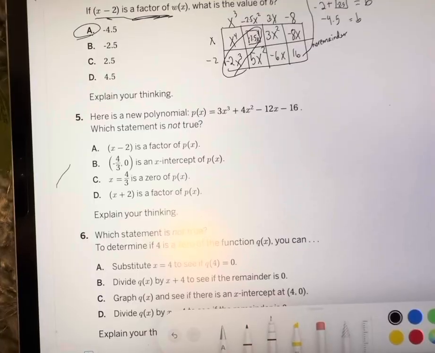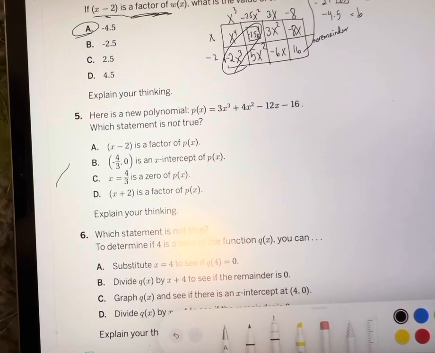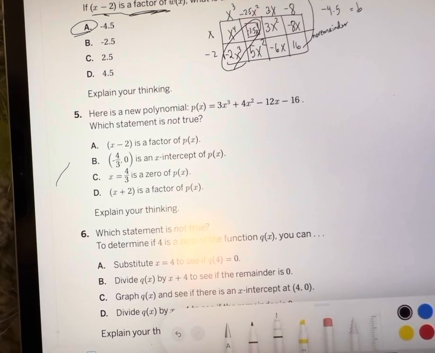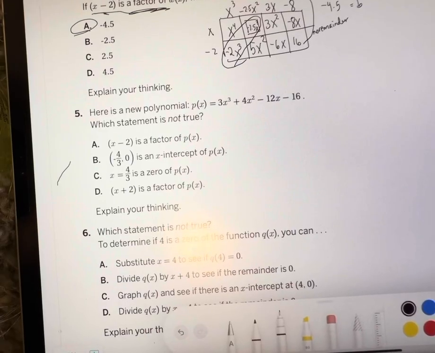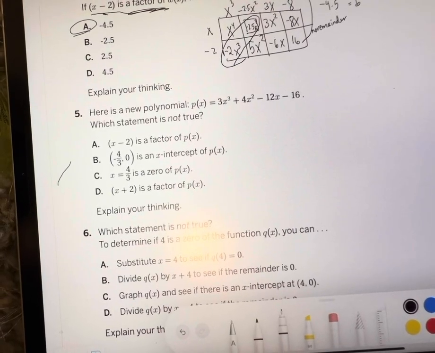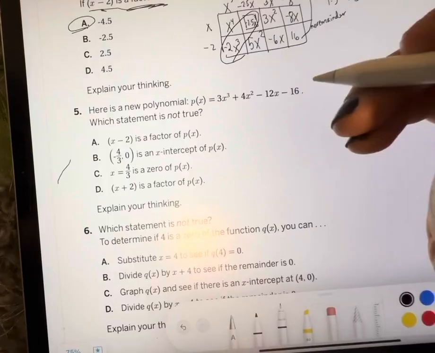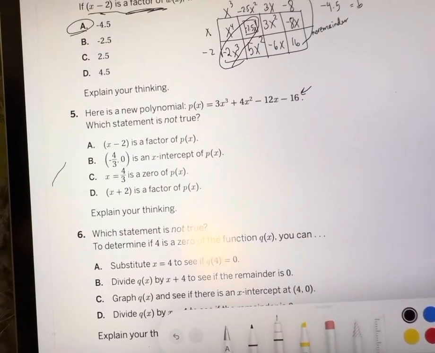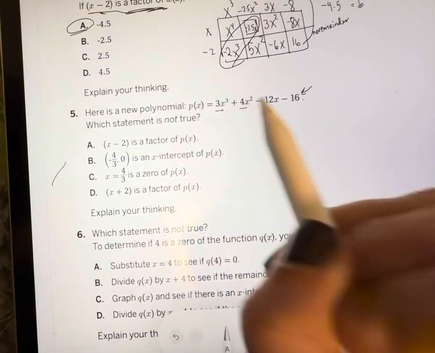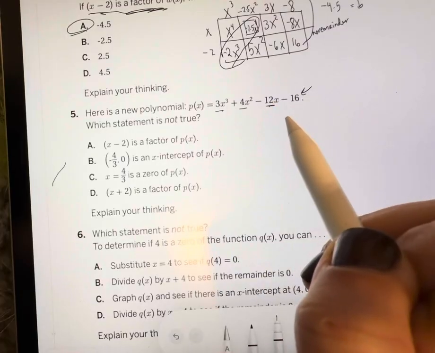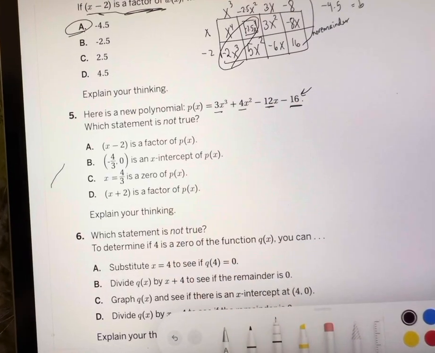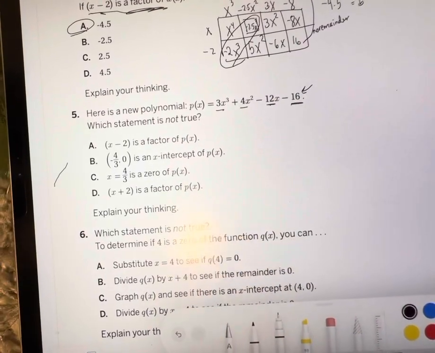Okay, we got a polynomial. Which statement is not true? Let me tell you how I go about this. First off, I notice that this likely factors. The reason I notice this is that I see a 3 and a 4, and I notice that that's divisible by 3 and 4, and then I look at it in my head and I go, oh, that's probably going to work out.